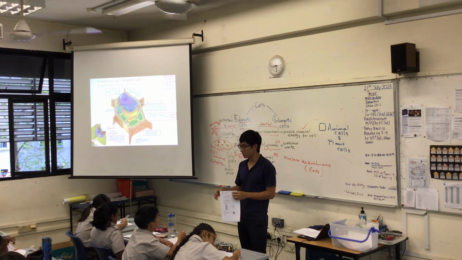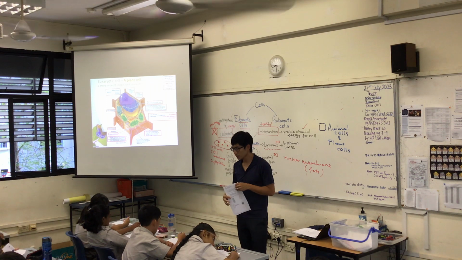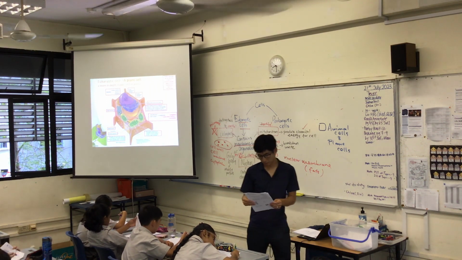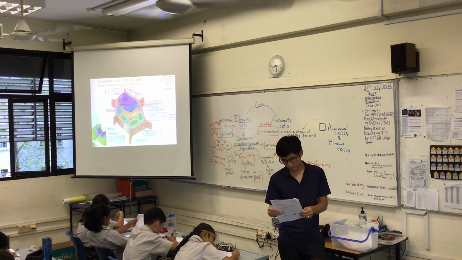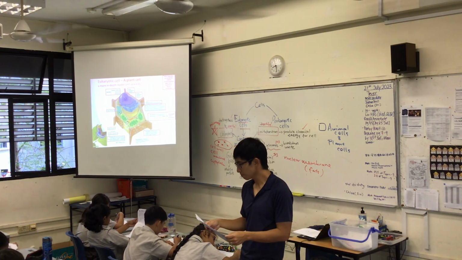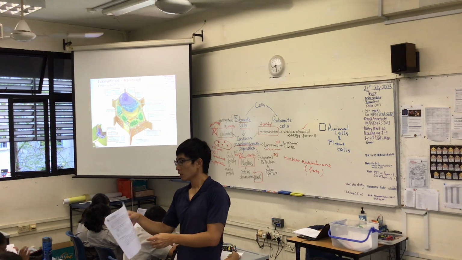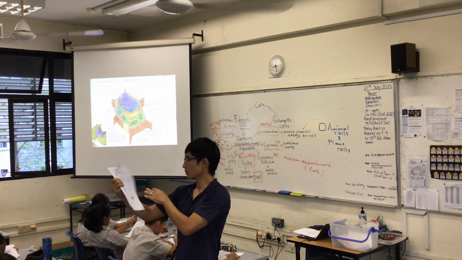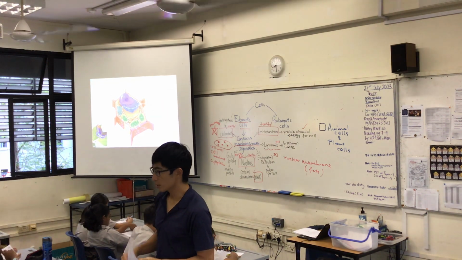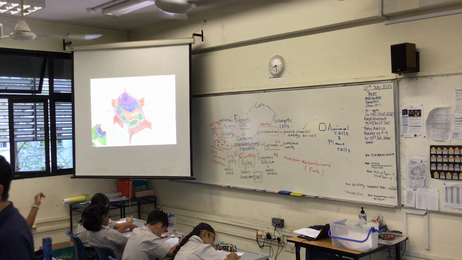Neuron? Neuron is a brain cell. A cell that you can find in the brain. MCQ 6 and 8 may be a bit challenging because we haven't really gone in depth in it yet.